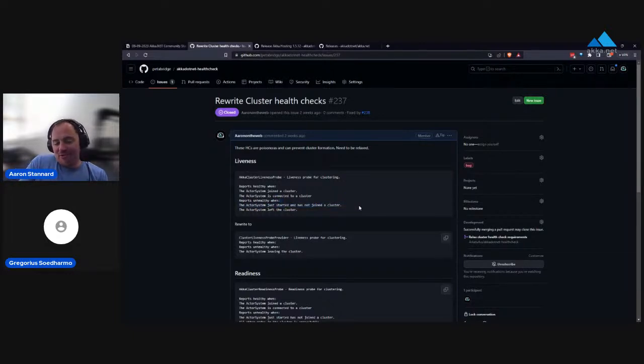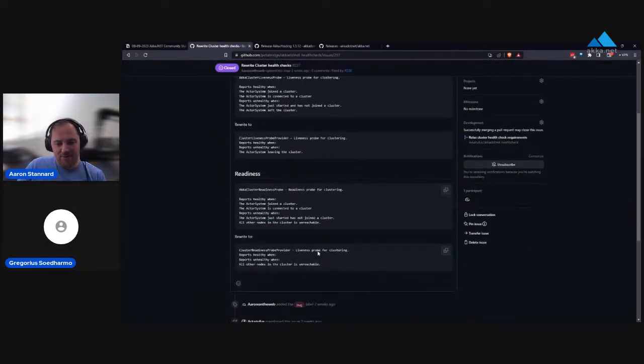Well, if you're using this in combination with a tool like Akka Management, and it takes a minute to go ahead and form a cluster, Kubernetes might notice a whole bunch of pods that have not passed their liveness checks, and it's going to give you a grace period, which you can configure to be longer or shorter. But you run the risk of your cluster basically being killed as it's trying to start. So that's not great. So we changed that so the liveness probe only fails when the node's leaving the cluster, which is fine. If you killed the process at that point anyway, it wouldn't cause any problems.